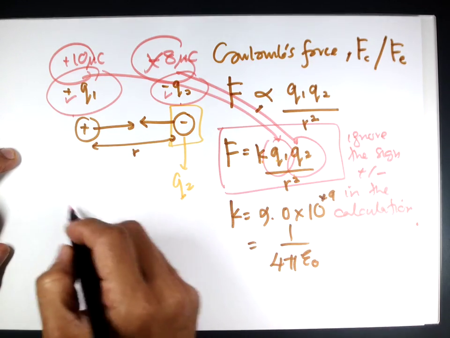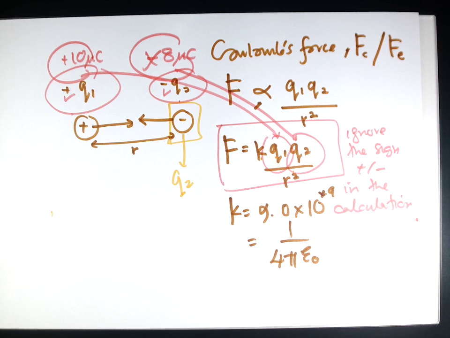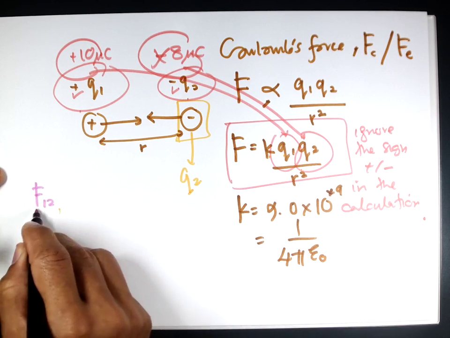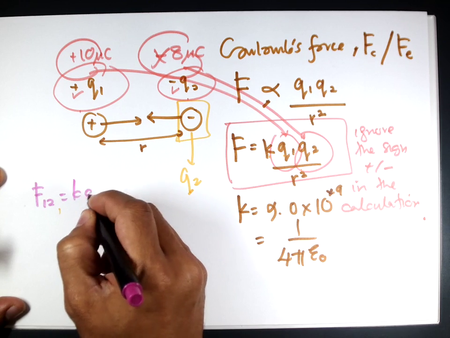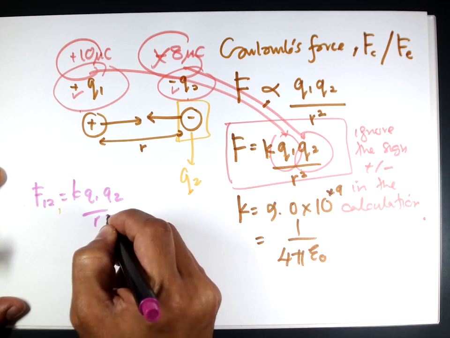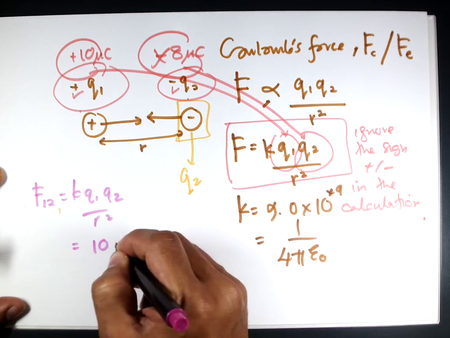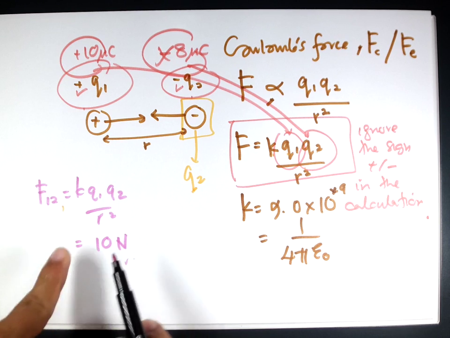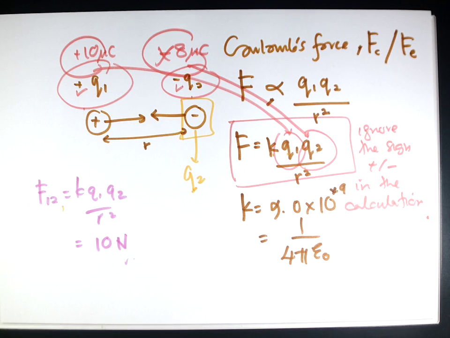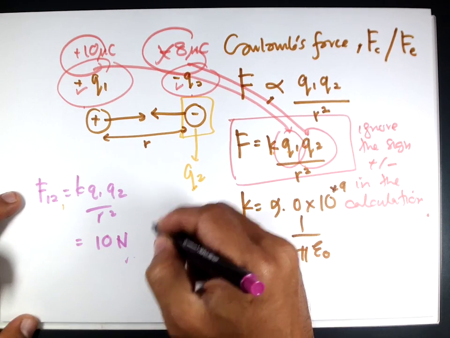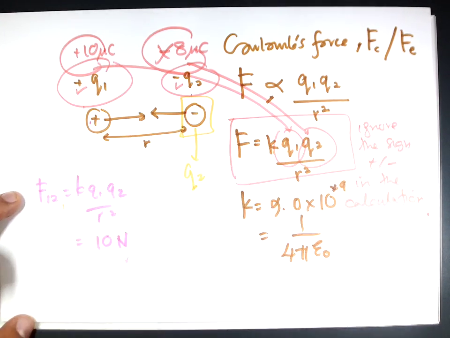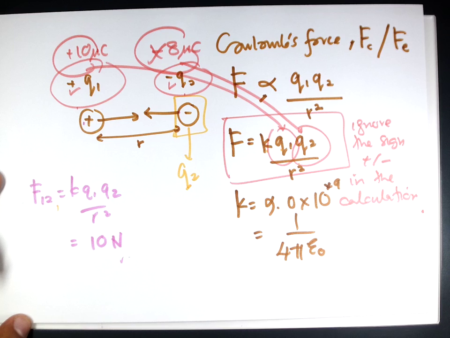Let's say you get F1 acted on 2. You do the calculation, K Q1 Q2 over R square. You get, let's say, 10 Newton. So this is vector. So this is not the final answer. The final answer is 10 newtons. So because this is positive, this is negative, yang mana soalan tanya, yang tu akan gerak.